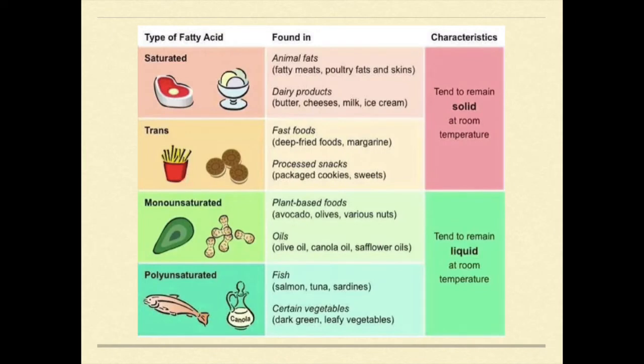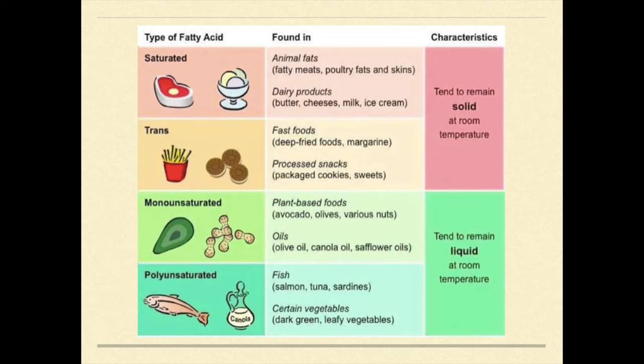And because it can be solid at room temperature, in your body it can start solidifying and blocking the arteries. So the saturated fats can cause cholesterol to build up, especially a lot of fried meats, a lot of dairy. It's going to build up in your arteries, and it can increase the risk of heart disease and stroke.